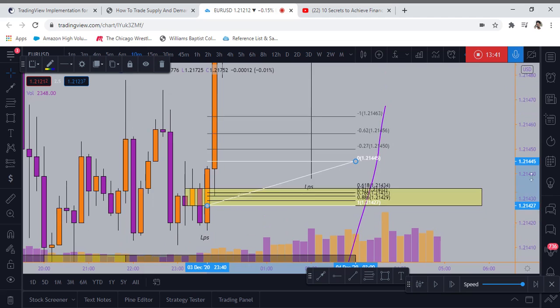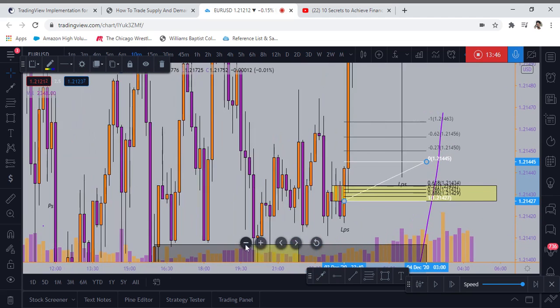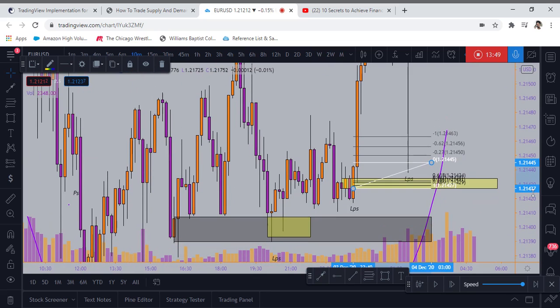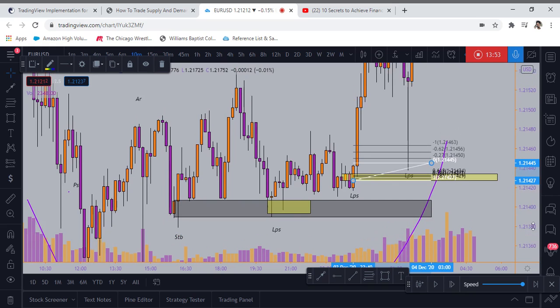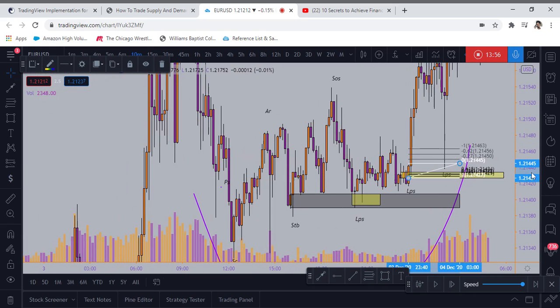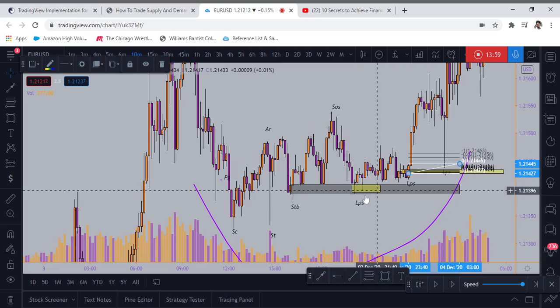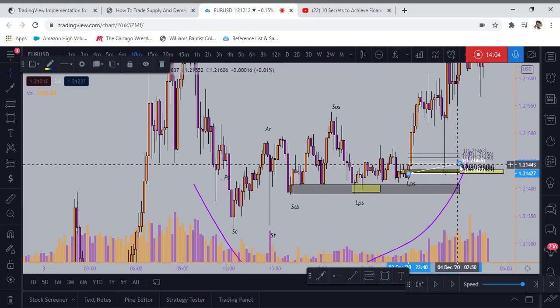So how many entries was that you could have had? You had so many opportunities to ride it back. I'm not looking at any type of sales. If price is accumulating, I'm looking for strictly buys. So you had one opportunity, two opportunities, three opportunities to get in for a buy, and you could have rode it out.